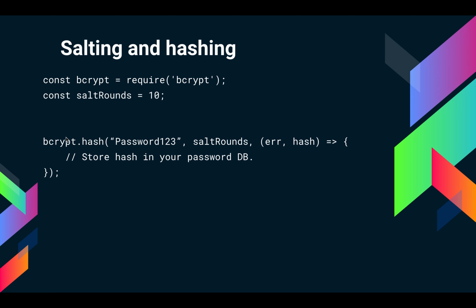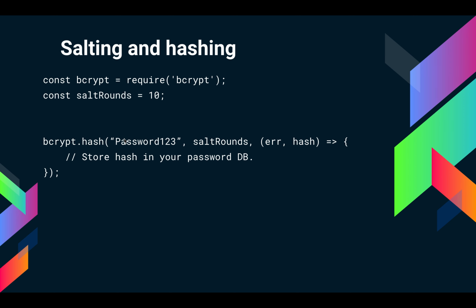So we call bcrypt.hash. Bcrypt is a hashing algorithm. To hash means to take data in one form and usually generate a string of characters that represents that data in some format. bcrypt.hash is the function.